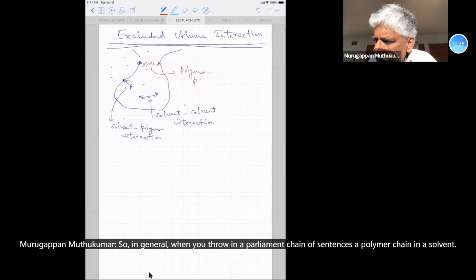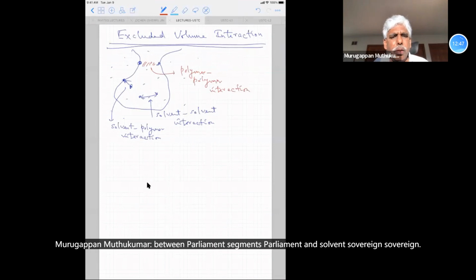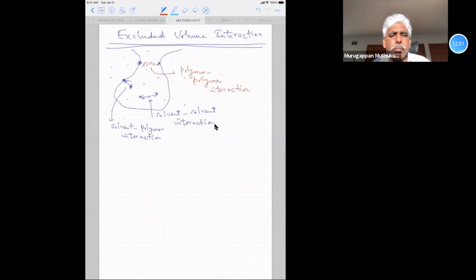So in general, when you throw in a polymer chain or synthesis of polymer chain in a solvent, there are going to be basically 3 interactions between polymer segments, polymer and solvent, then solvent-solvent.